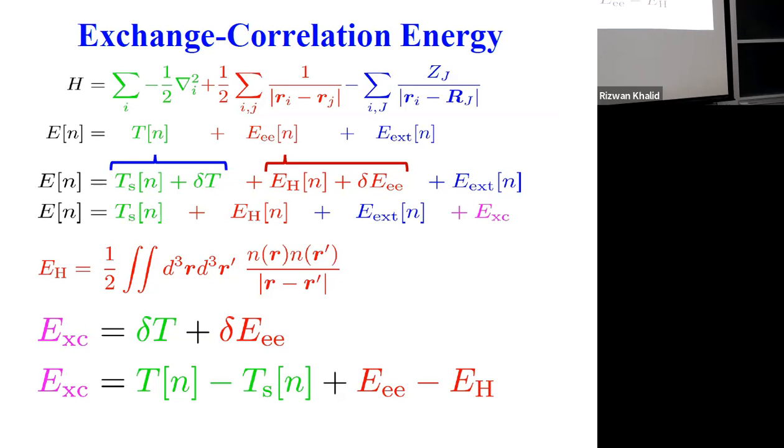So all many-body effects, how the particles are correlated, all many-body effects are included in this exchange correlation energy, because the rest of the quantities are very simple. This kinetic energy of non-interacting particles. This Hartree energy is Coulomb repulsion for classical densities.